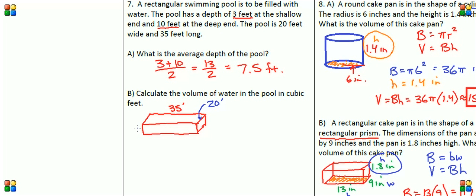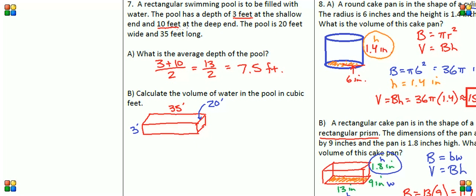And then we have a shallow depth, which is this side right here, going to be 3 feet. So we take a look at it. We have a rectangular prism, 35 feet long, 20 feet wide, and for our swimming pool, we're going to call this 3 feet deep. Our issue now, though, is that it's not the same depth everywhere.